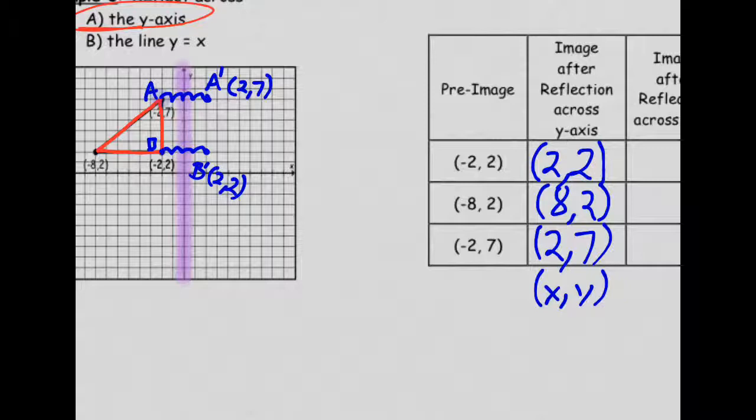So you start with (x, y), and you end up with (negative x, y). So that 8 would be 1, 2, 3, 4, 5, 6, 7, 8, and then up to 2. So C prime is 8, 2. And if we put that whole triangle together, we get a reflected triangle.